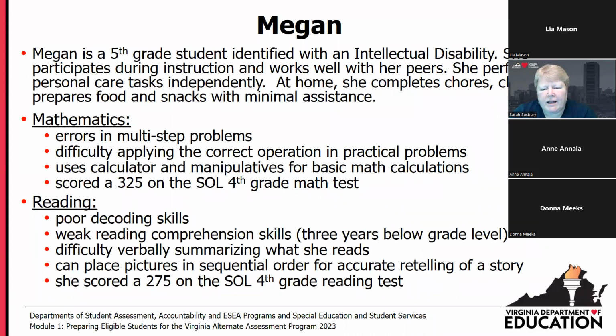She has weak reading comprehension skills and is actually about 3 years below grade level. And after she reads, she has difficulty in completing a verbal summary of what she has read. She can place pictures in sequential order for accurate retelling of a story, however. And as a 4th grader on the reading test, she scored a 275.